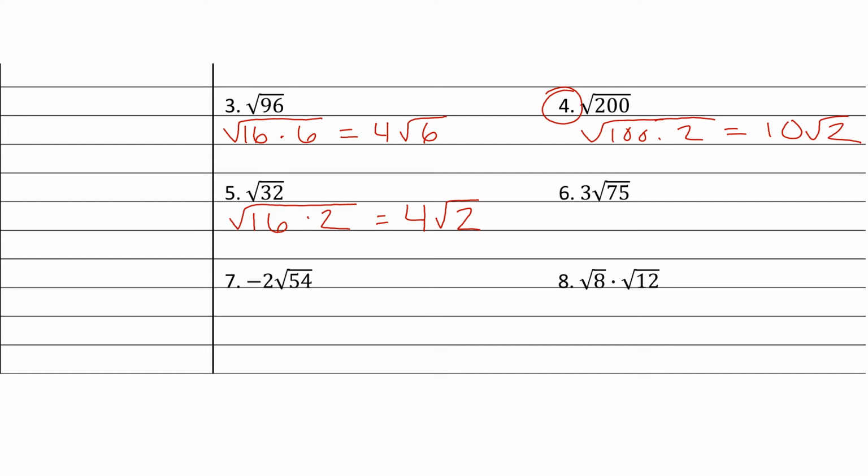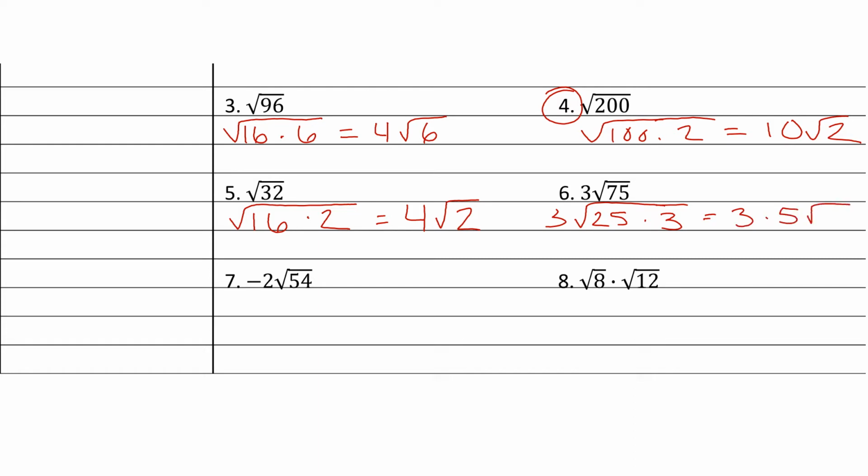So I'm going to break apart 75 first. What can I break 75 apart into? What perfect square goes into 75? 25, and it would be 25 times 3. And the square root of 25 is 5.